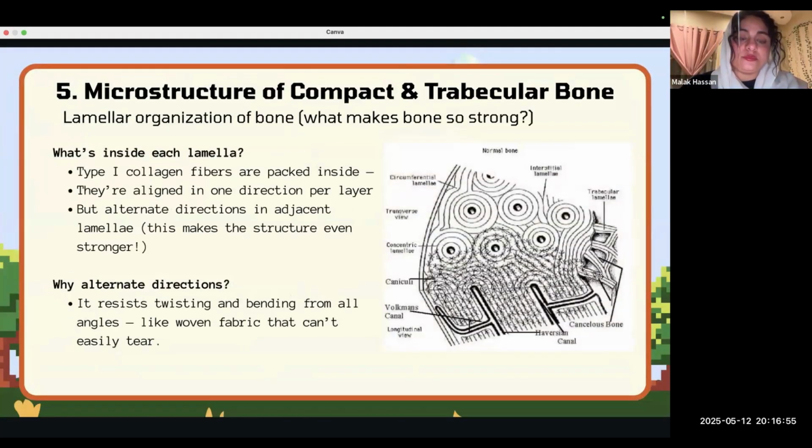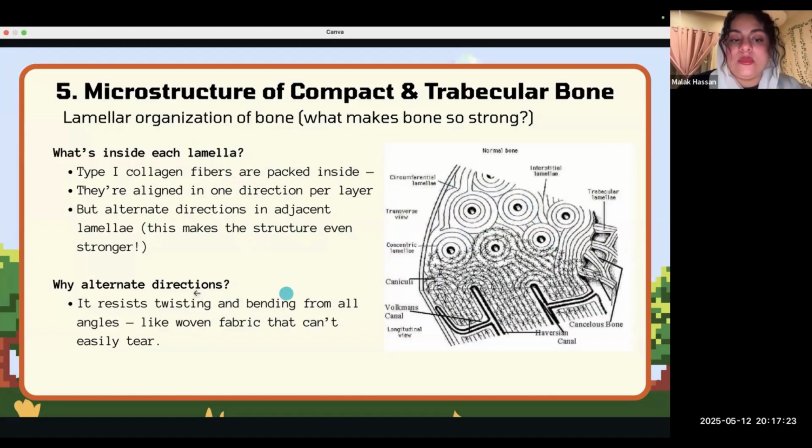What's inside each lamella? You have type 1 collagen fibers packed inside all the lamellae. Since they're very organized, they're packed in one direction, aligned in one direction per layer. But one lamella compared to another is in alternate directions.